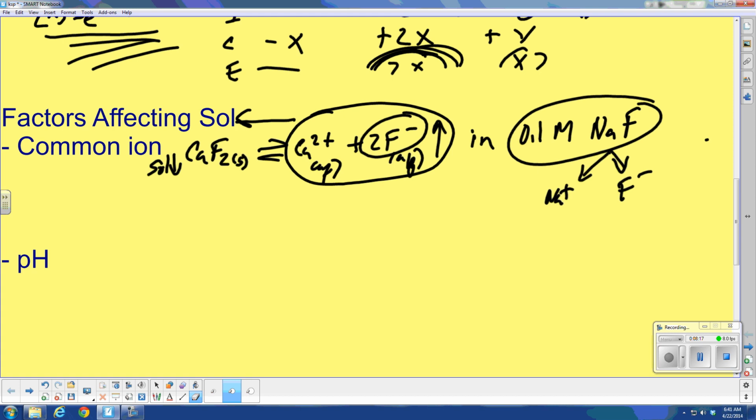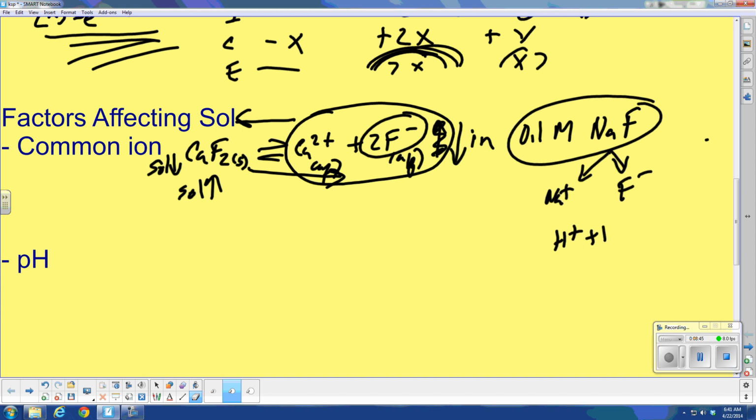Now, the other way is I can remove fluoride, and if I remove fluoride, then my concentration is going to go down, and it'll shift my reaction this way. And if that happens, then my solubility is going to go up. By the way, how could I remove fluoride from the solution? Well, what do we know reacts with fluoride? How about H plus, right?